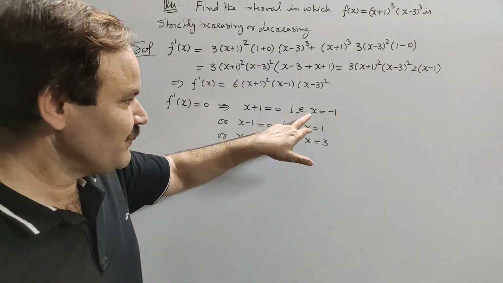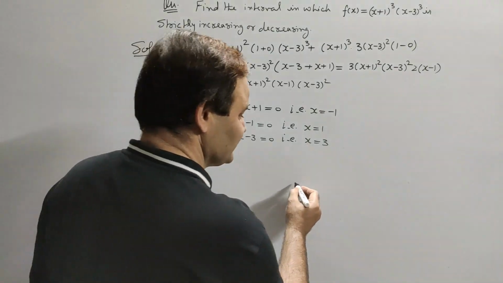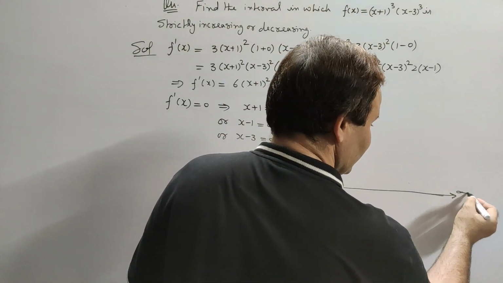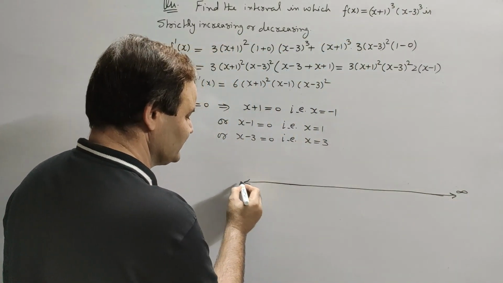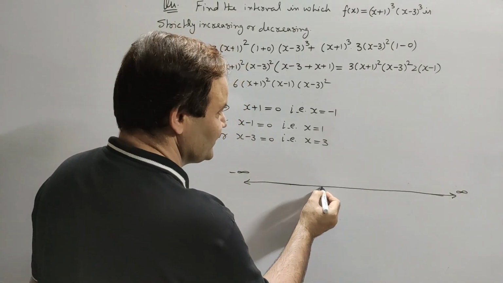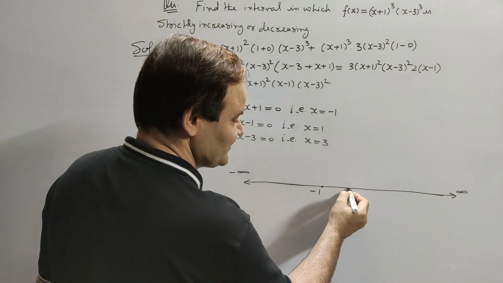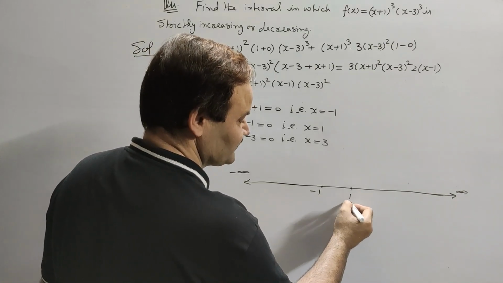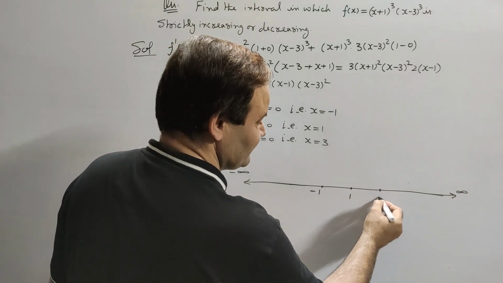If we plot these 3 points on a number line, say it is the number line, here positive infinity, and on this side negative infinity, and here say the point is minus 1, then somewhere here it will be plus 1, and then somewhere here it will be 3.